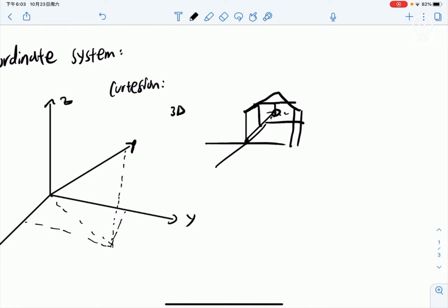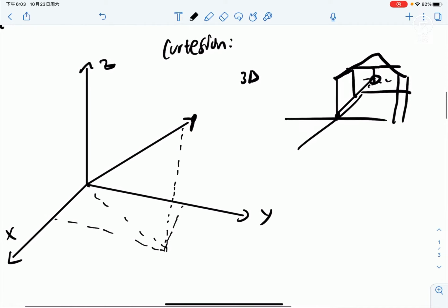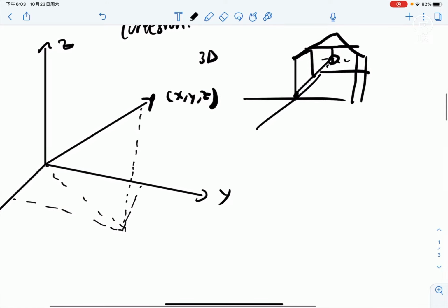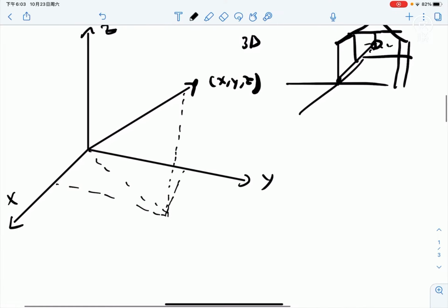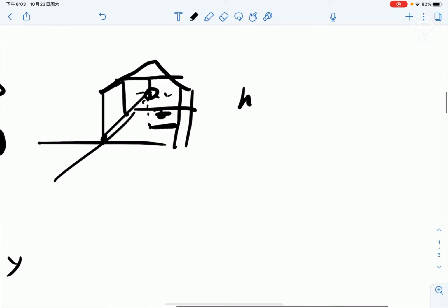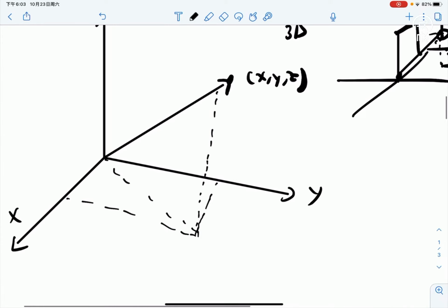And the way we do this is using projection onto x, y, z. First, you need to measure the height from the xy plane, which is called z. So the height is z, and we also need to describe where it is in the plane.